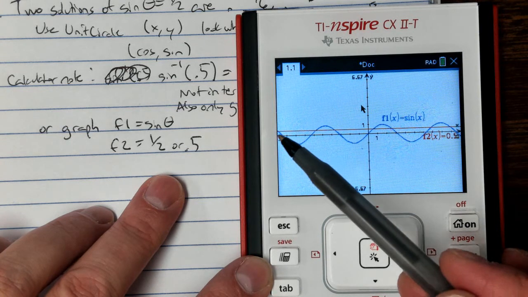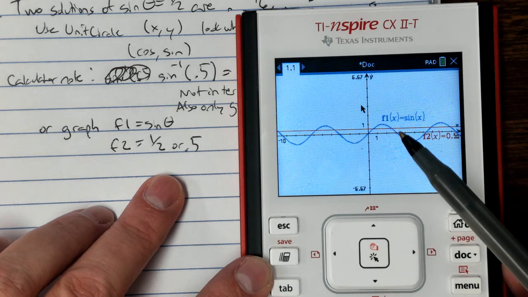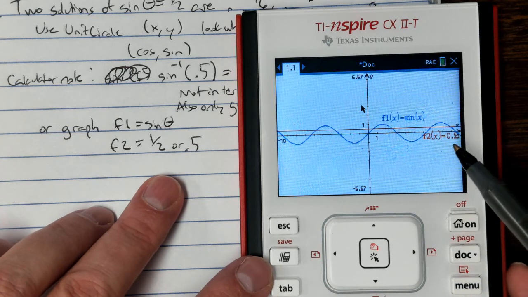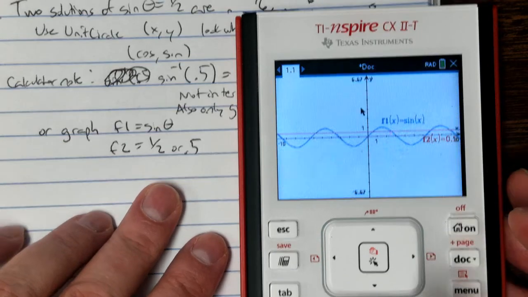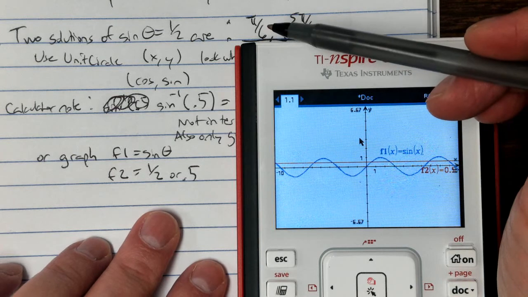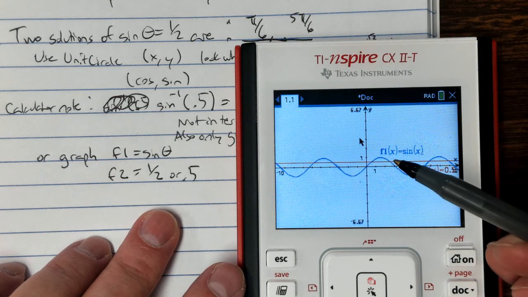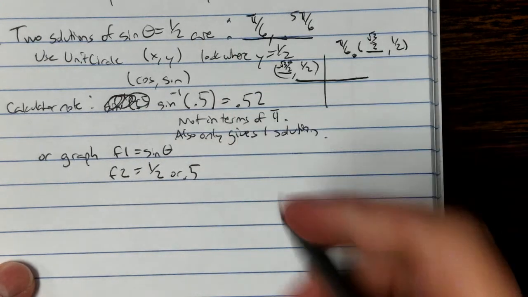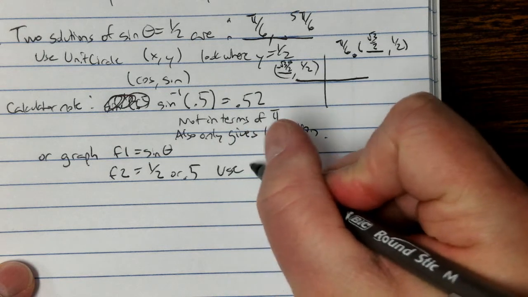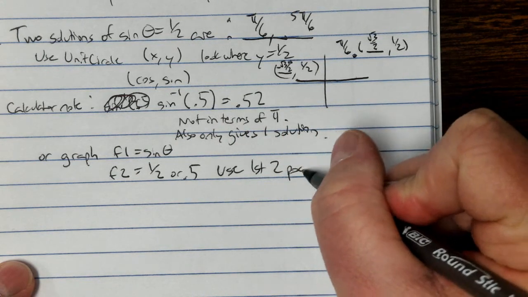So 1, 2, 3, 4, 5, 6, 7 are listed in this interval, but it just wanted 2 of the solutions, and it's going to want the first 2 positive ones.